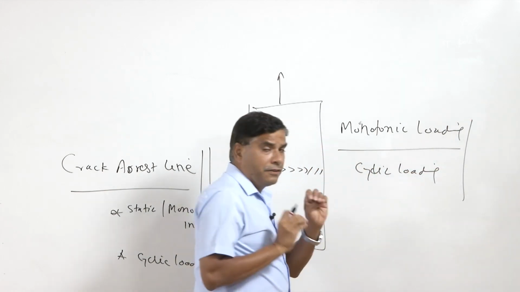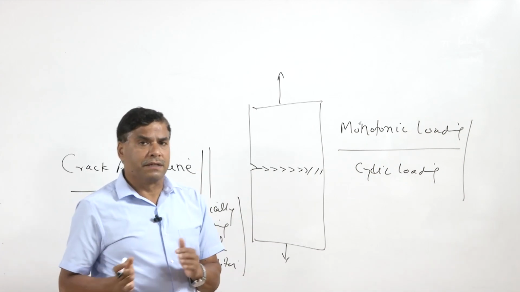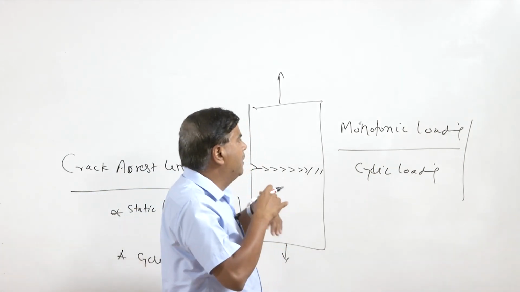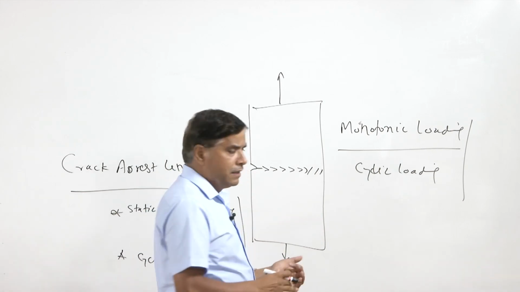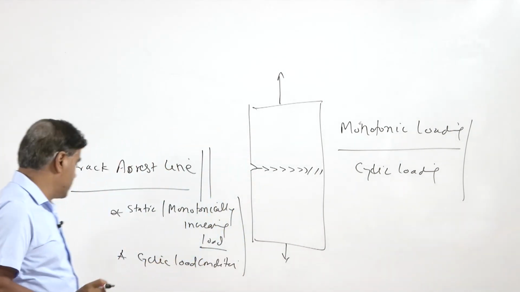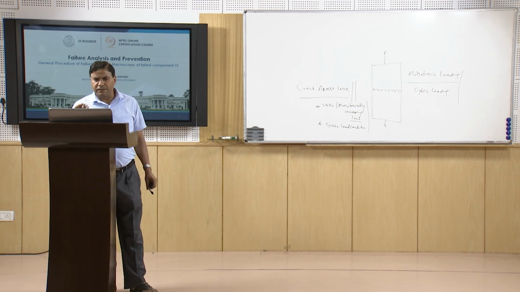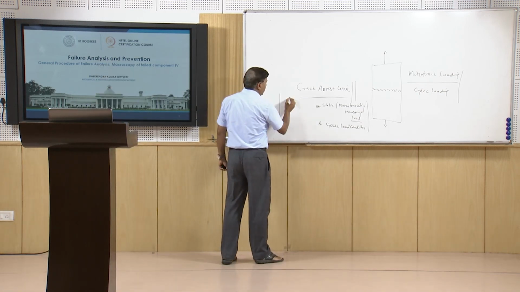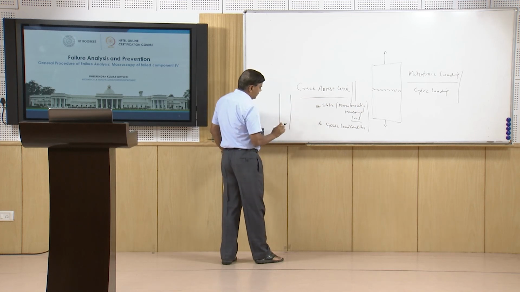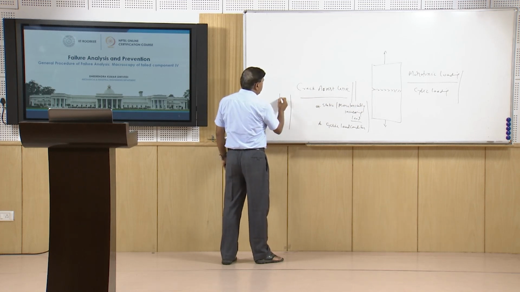Again, the kind of stress state which is present also offers some indications through the presence of the crack arrest marks. The crack arrest marks under monotonic loading conditions are of a typical kind. Say this is a thick plate. Here the crack arrest marks will be in a U shape like this.